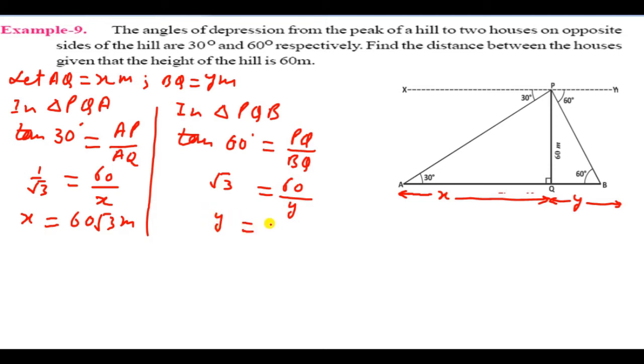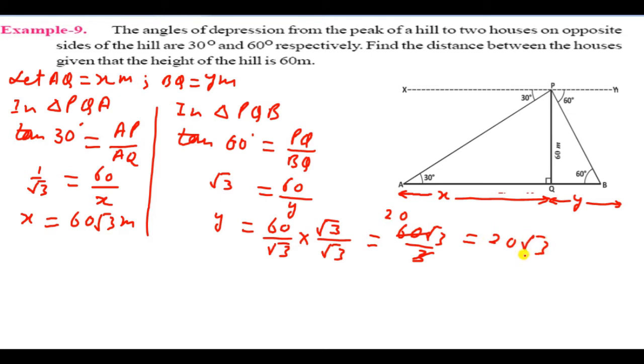So we can find y is equal to 60 upon root 3. Now multiply by root 3 in numerator and denominator. So this is 60 root 3 upon 3. Three threes are 3, three twos are 6, so it is 20 root 3.